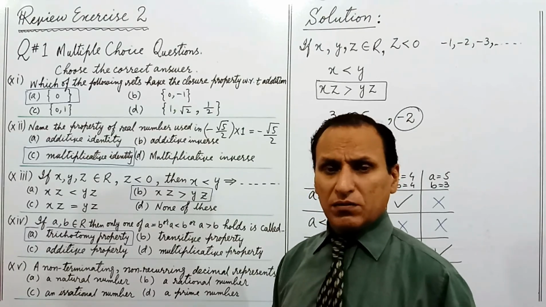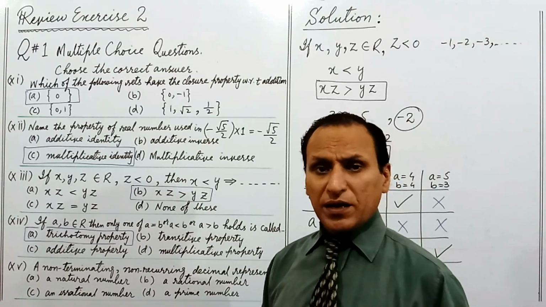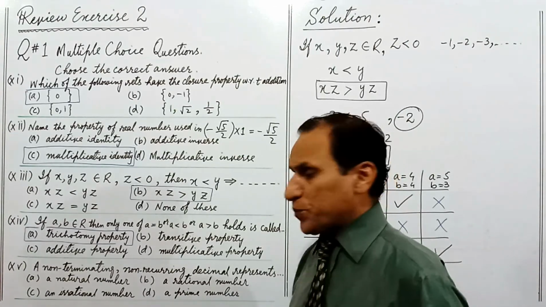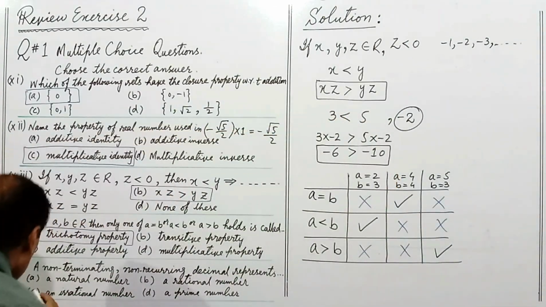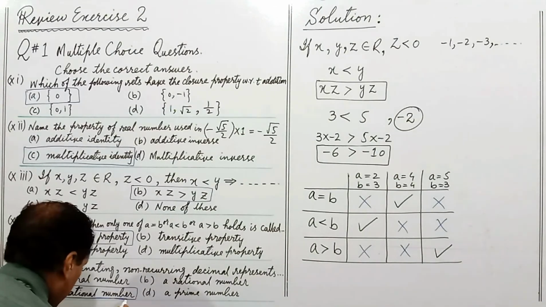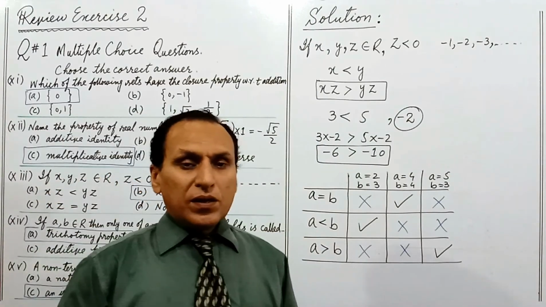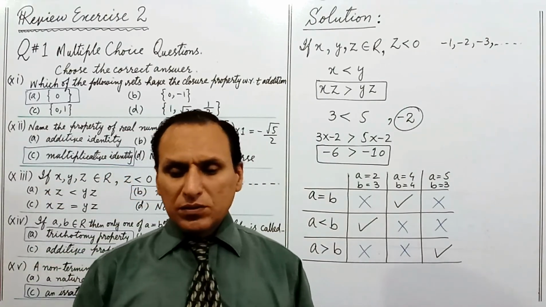We have many examples like pi and the natural log of e. So the right option for this is option C, and that is for question number 1.